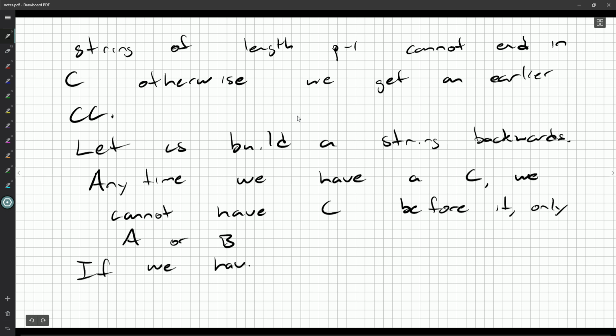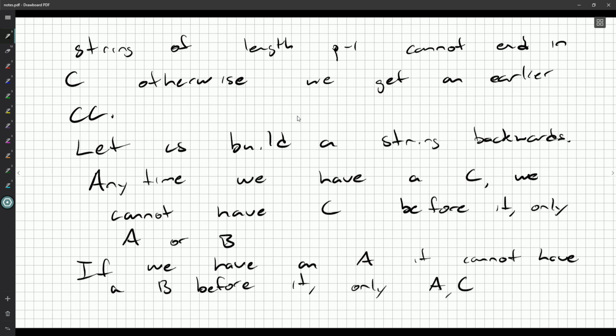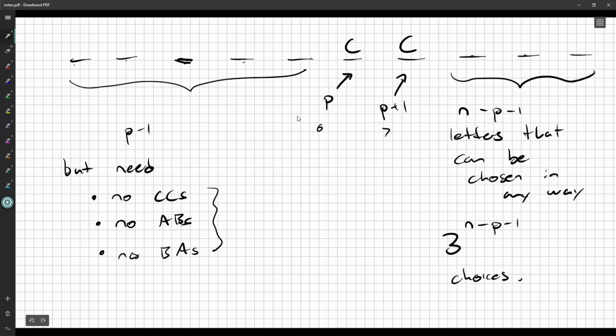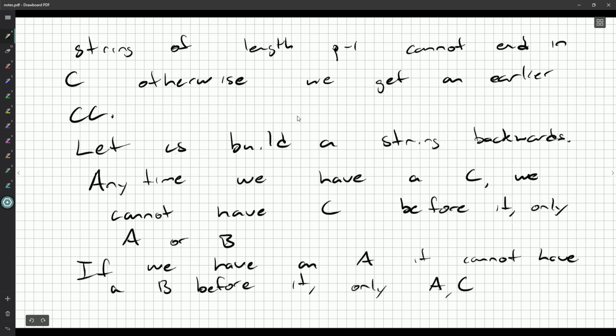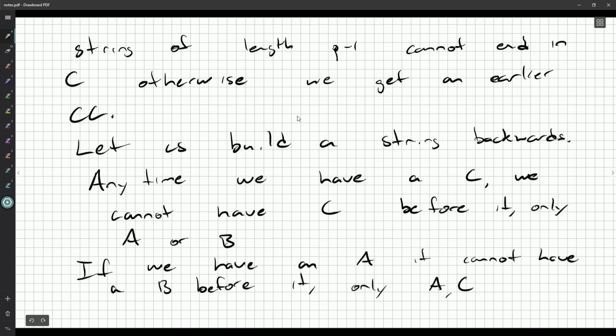If we have an A, it cannot have a B before it. But it could go back to an A or a C. And same thing with B. B can't have the A before it, but it could have the other two. So it is kind of symmetric in a sense.